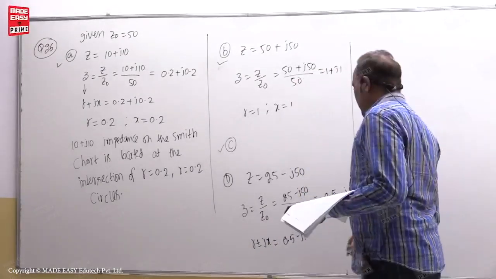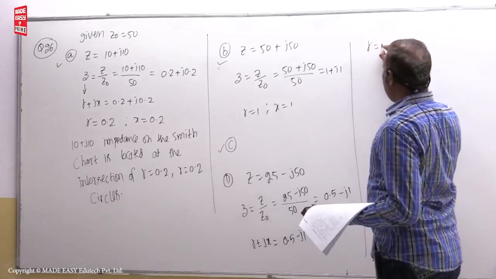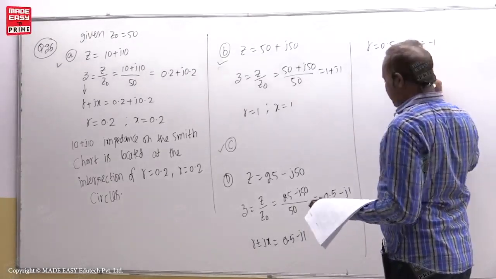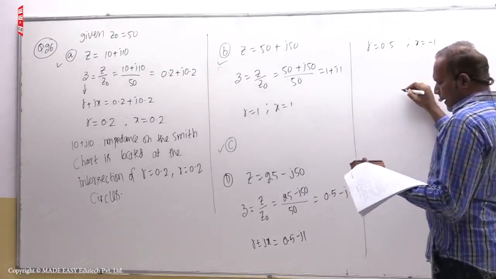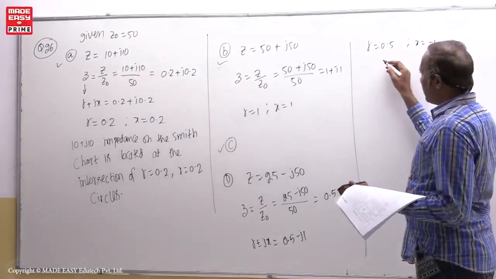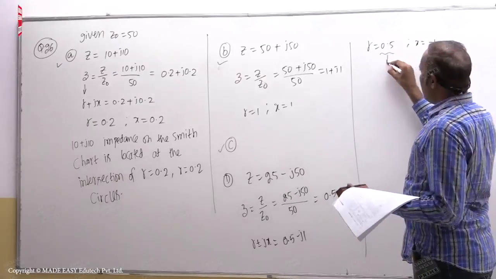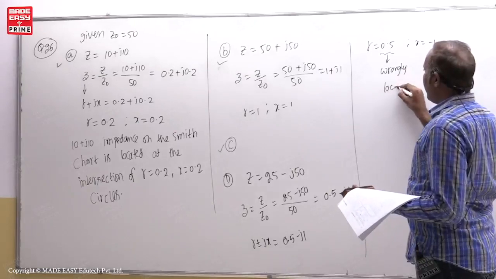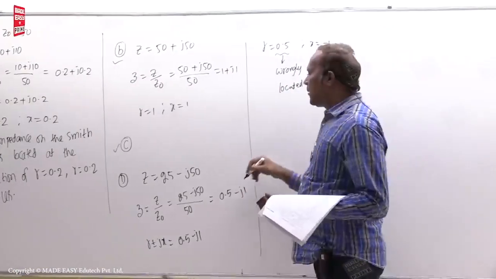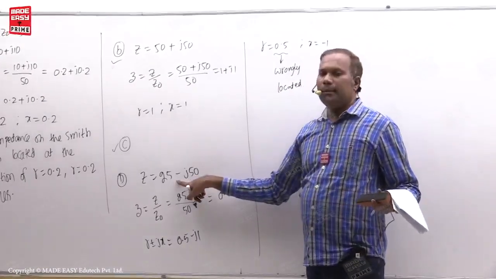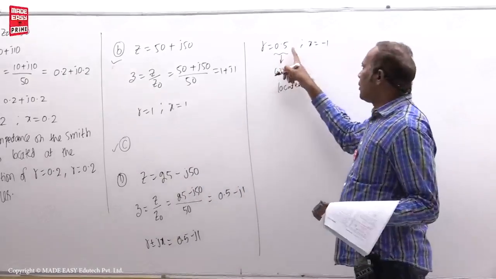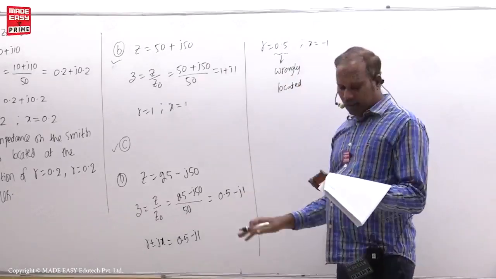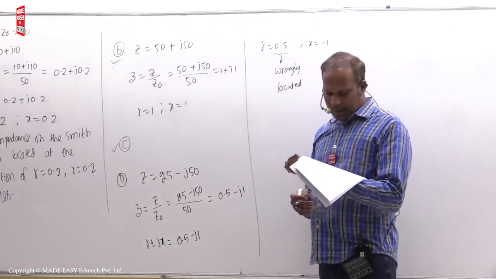Now you compare that here. r is equal to 0.5 and x is equal to minus 1. So it is wrongly located, because they did not locate this point on the r is equal to 0.5 circle. That is why that is a wrong location. You can see the diagram is with you.